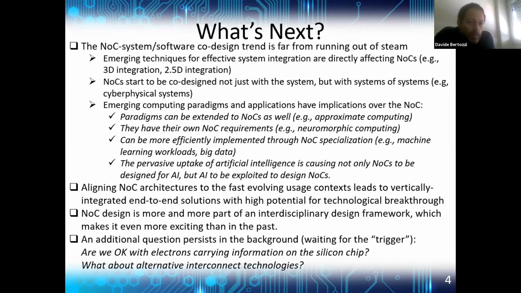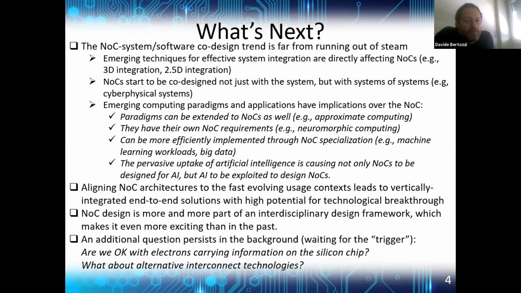It's widening the scope. We have already seen that the only way to sustain the level of system integration is through emerging 2.5D and 3D integration technologies. And we have seen the effort that is ongoing to extend networks on chip for this domain.